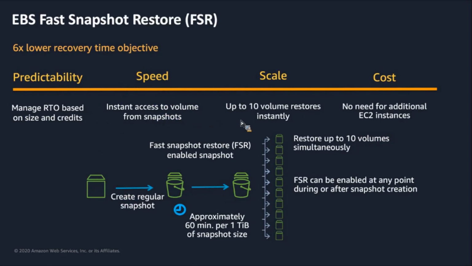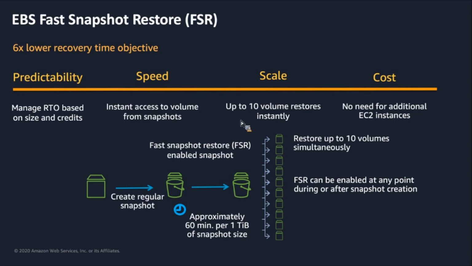Previously, if you were restoring a snapshot, you had to pre-warm it. So what we have done to eliminate the wait time for pre-warming, to restore the EBS volume to a fully performant state, is launch a feature called Fast Snapshot Restore. It works on a credit-based system.